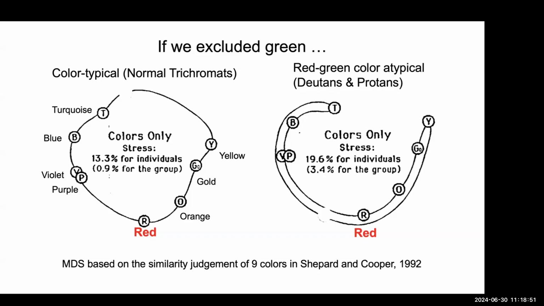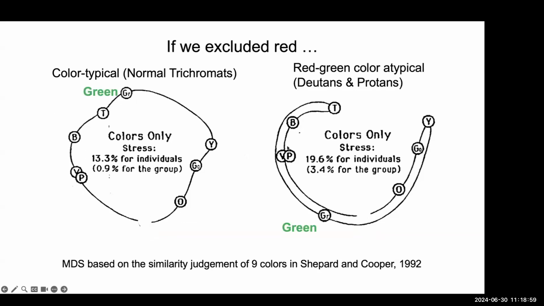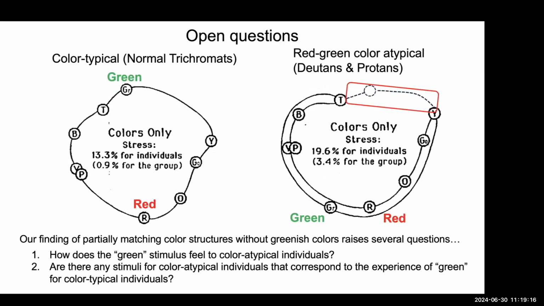You can see very similar structures without green color. But if we exclude red colors, we can see a difference, in that greens are relationally different between the two participant groups. So that's what we found even in these 93 color similarity structures.